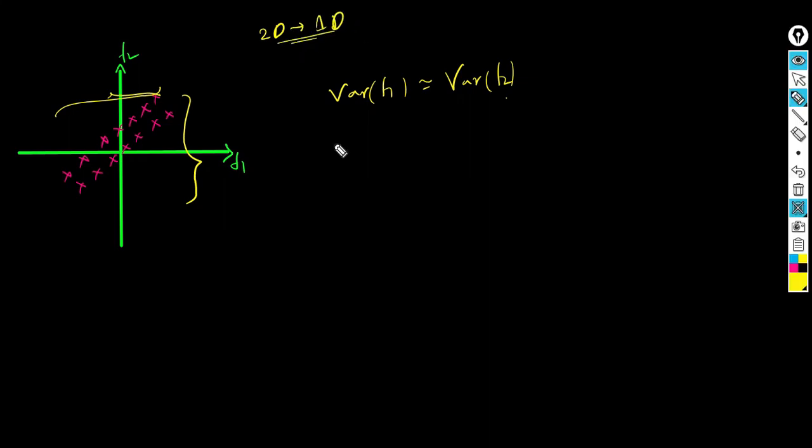How do we convert this? Suppose we rotate the axes. By rotating, we get the axes like this, F1 dash and F2 dash.